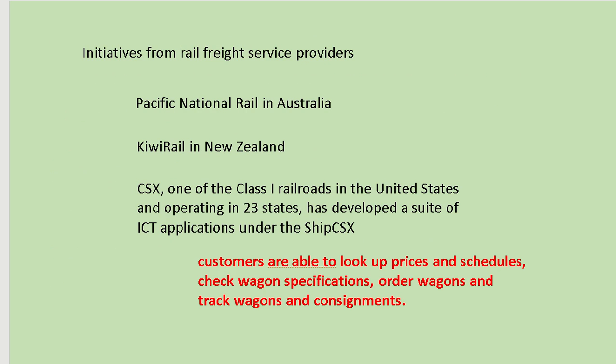One would be CSX. One of the Class 1 railroads in the United States, operating in 23 states, it has developed a suite of ICT applications under the name Ship CSX. Customers are able to look up prices and schedules, check wagon specifications, order wagons, and track wagons and consignments.